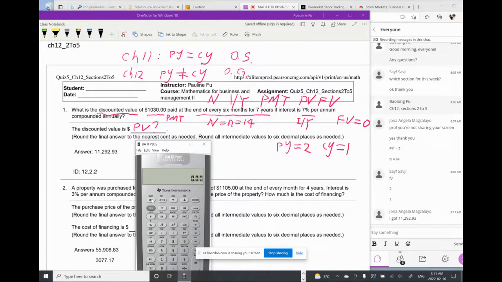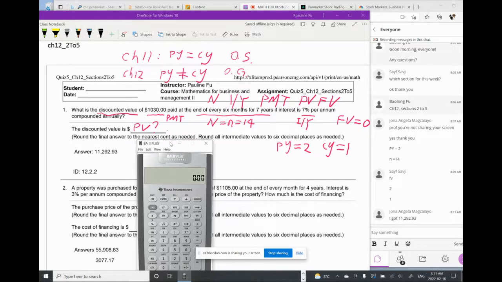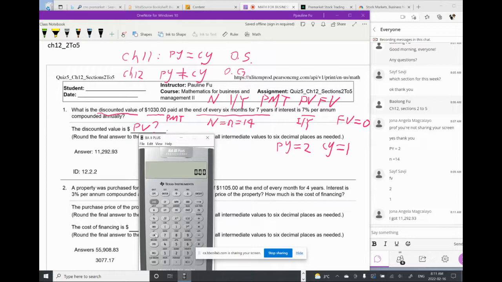Second quit. And now enter the 4 numbers. It doesn't matter the sequence, okay? So the first number I will enter is PMT, 1030. That is negative PMT.